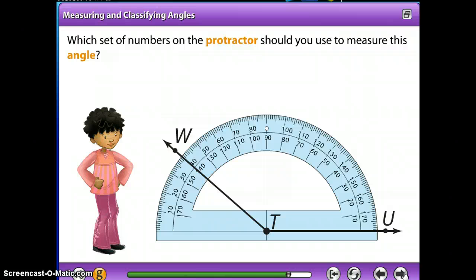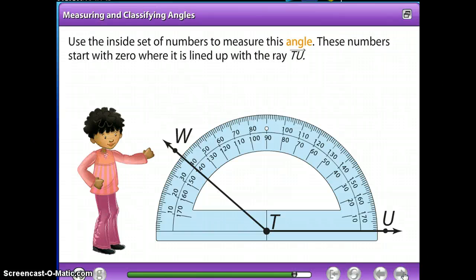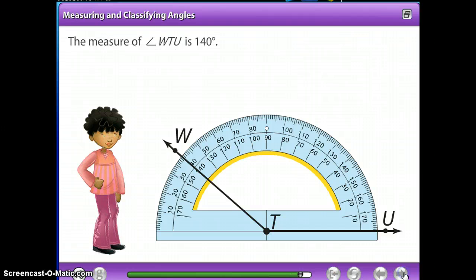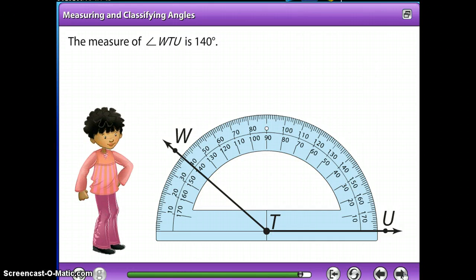Ellie? The bottom. The inside numbers? Use the inside set of numbers to measure this angle. These numbers start with 0, where it is lined up with the ray TU. The measure of angle WTU is 140 degrees.